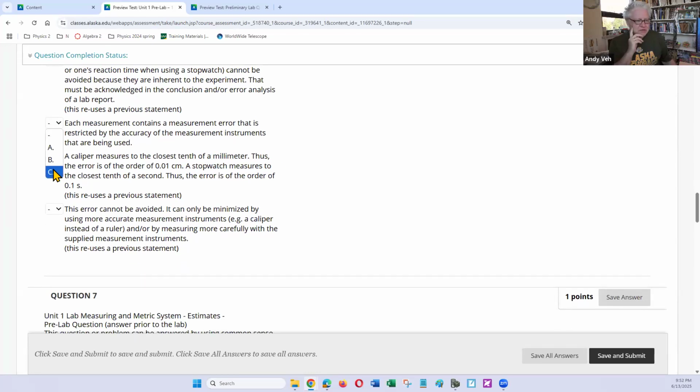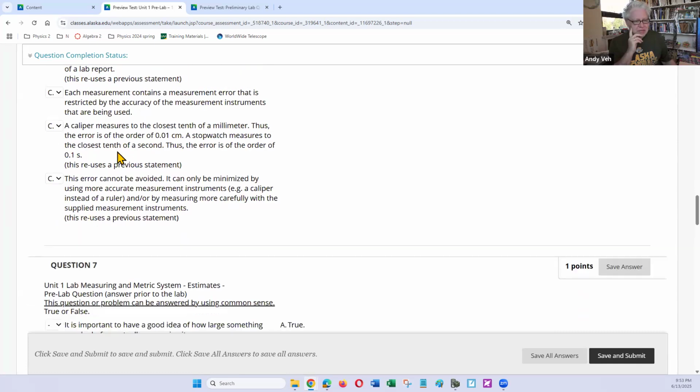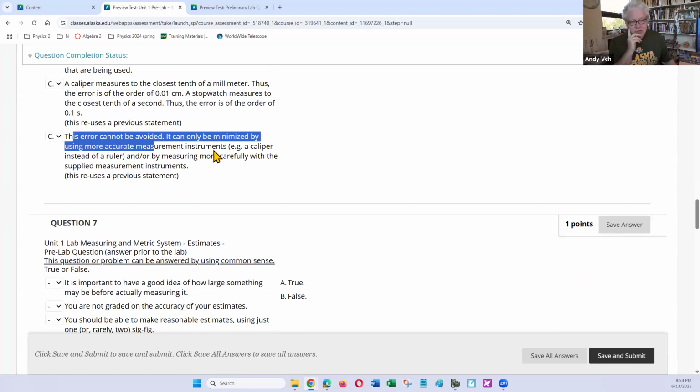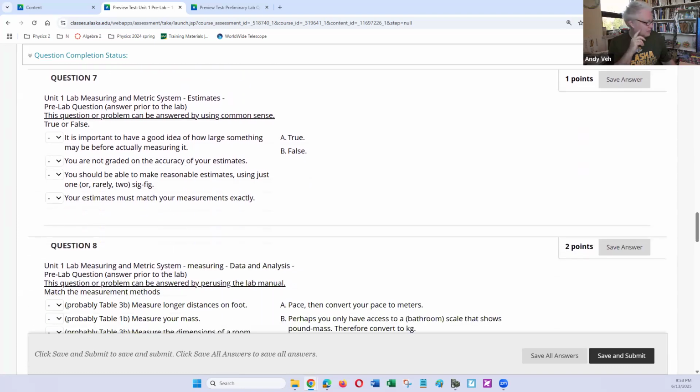Each measurement, so this one is then random errors here, each measurement contains a measurement error that is restricted to the accuracy. And this error cannot be avoided, can only be minimized. All right, the next one, these are all correct here. So for estimates, it's important to have a good idea of how large something may be before actually measuring it.